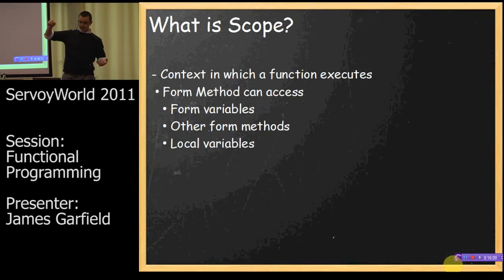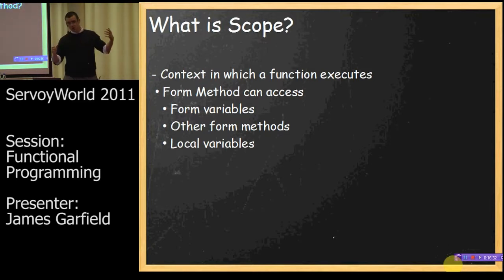It can access form variables because they're on the form and therefore they're in the scope. It can access other form methods and that method's local variables. So if you define variables in that function, it can access those. They're in the scope. Other form methods are in the scope, and the form variables are in the scope.